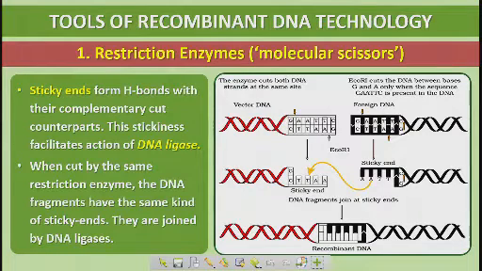Ligase means to join. So this enzyme is used for the ligation. When cut by the same restriction enzyme, the DNA fragments have the same kind of sticky ends. They are joined by DNA ligases.